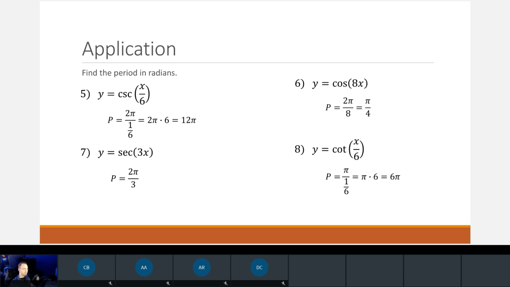It is 6 pi, yep. So cotangent. So the period is 6 pi. All right, any questions on these problems here? Nope, we're good.